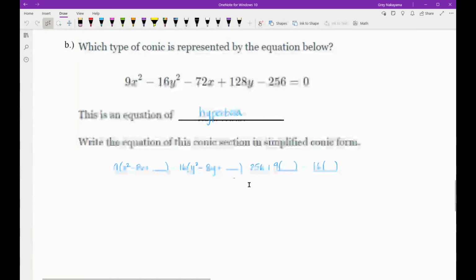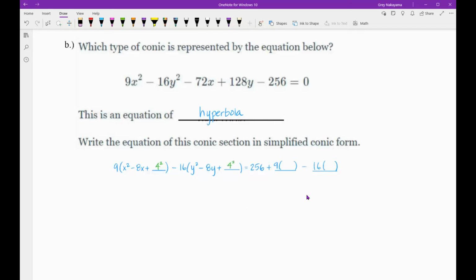Okay, again, going to add something. My 256 I brought over from the other side. And this is my first blank, in which everything has been multiplied by 9. And the second blank, everything was multiplied by negative 16. So in each case, I'm taking half of 8 and I'm squaring it. I ignore the negative because I'm going to square it. Whenever you square a negative number, it's always positive.